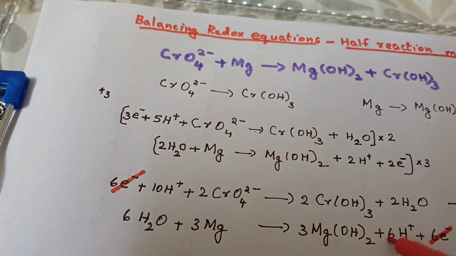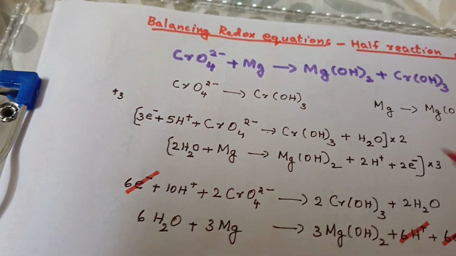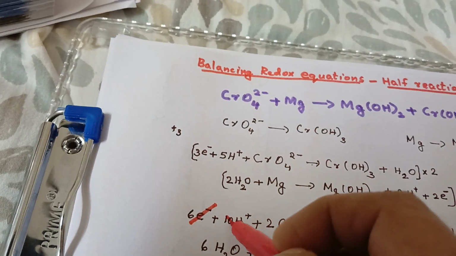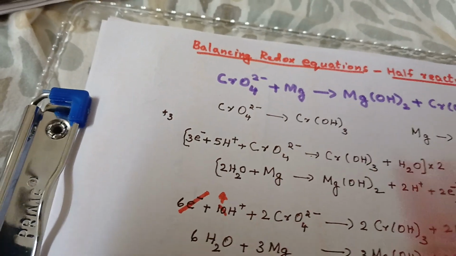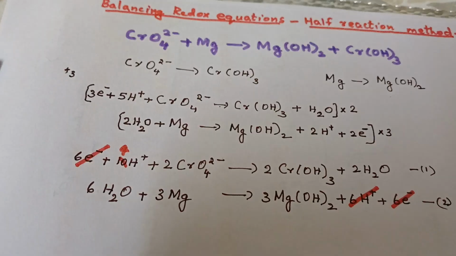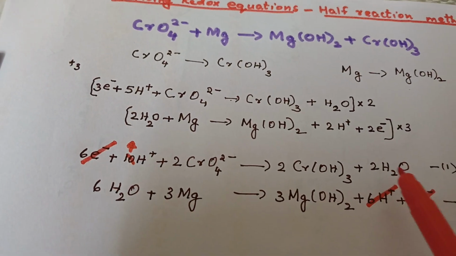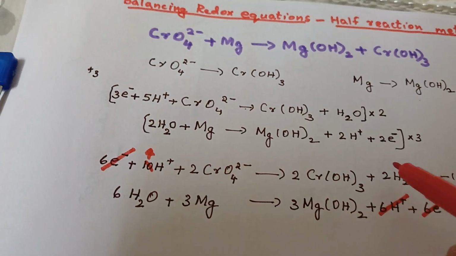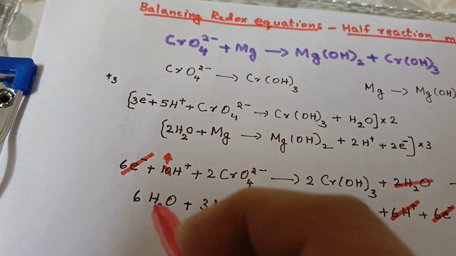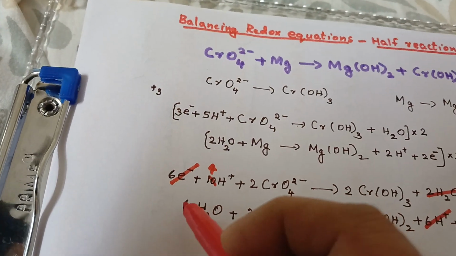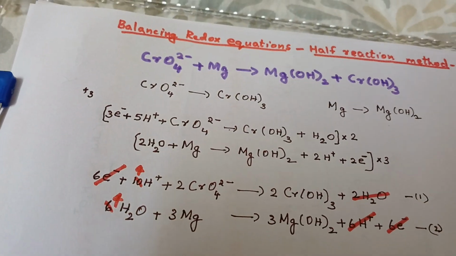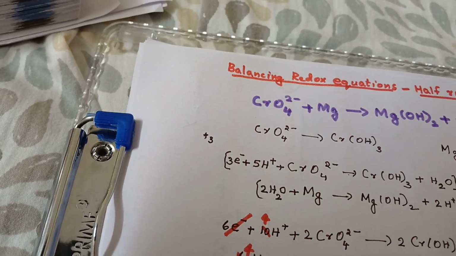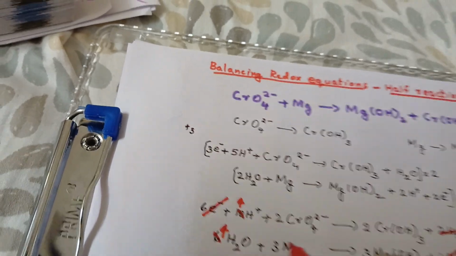So we can remove these 6 H plus and write 4, because 10 minus 6 gives us 4 H plus. Here 2 H2O and here 6 H2O. So this 2 H2O will go and 6 minus 2 will give us 4. So this is 4 H2O. Now they are ready to be added.